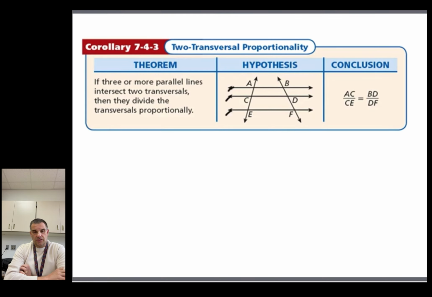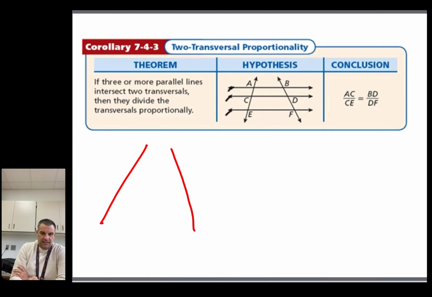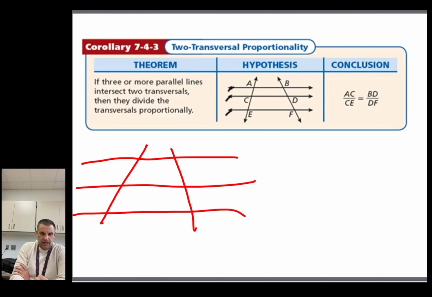The next one is what we call the two transversal proportionality. And this isn't just with two. I mean, you could add layers upon layers upon layers for this. I could add a third line in there. It says if 3 or more parallel lines are cut by two transversals, then they're divided proportionally. So essentially, we've got these two lines here being cut by 3 parallel lines. So these are all parallel to each other.